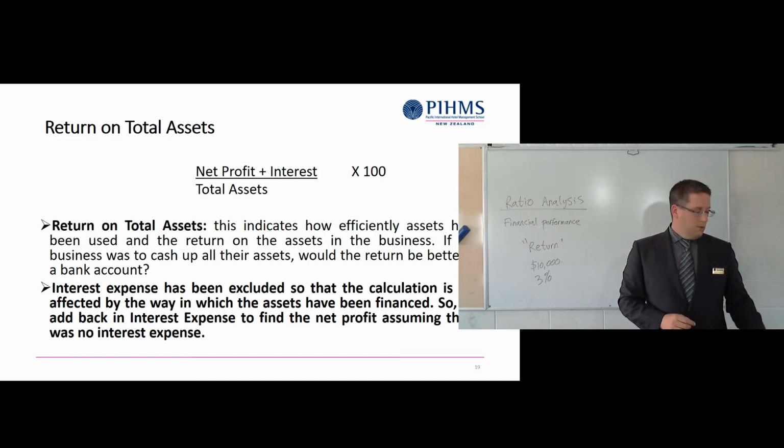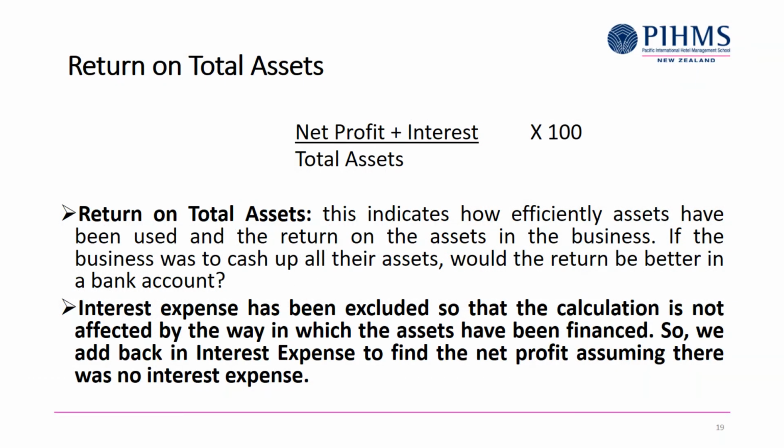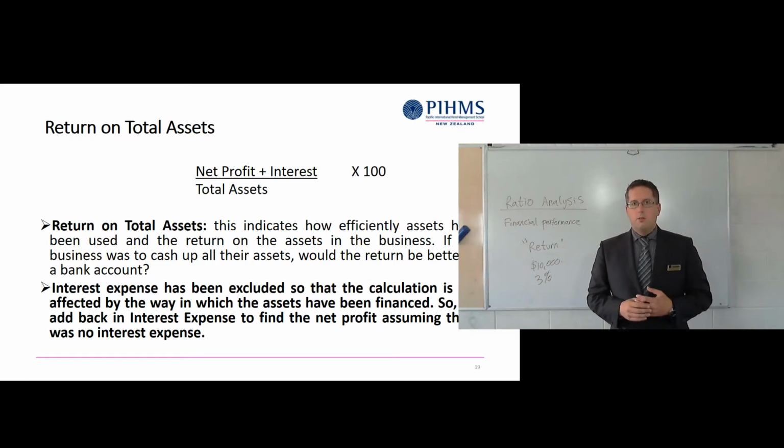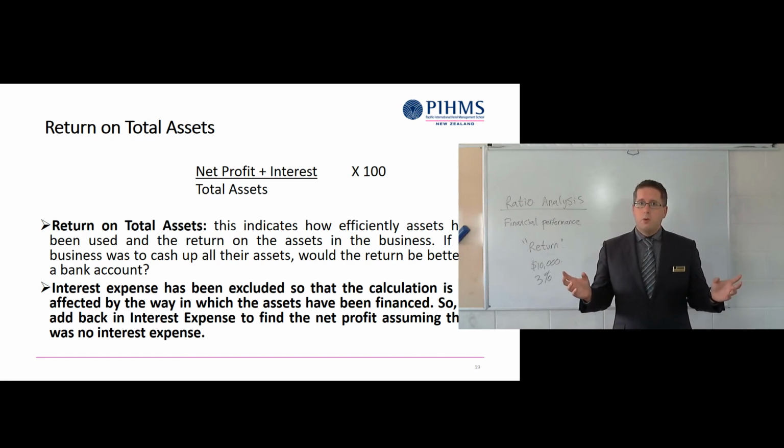Now I've made a little note down the bottom here of interest expense. What we've basically done is we've added interest back in because we're trying to find the net profit before interest expense. This is one way of calculating net profit or the operating profit so that you can compare two different businesses or hotels.